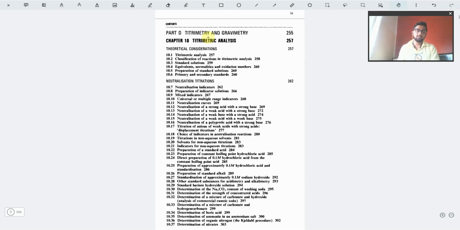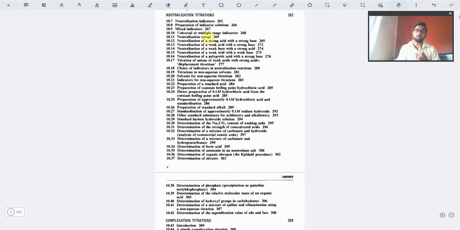That is why I am just focusing on the contents, because contents explain everything about the basic topics given in this book, and whether you should follow this book or not for that specific topic.